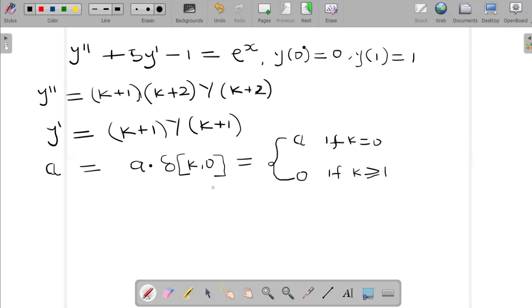So that's how we transform a constant in the differential transform method.